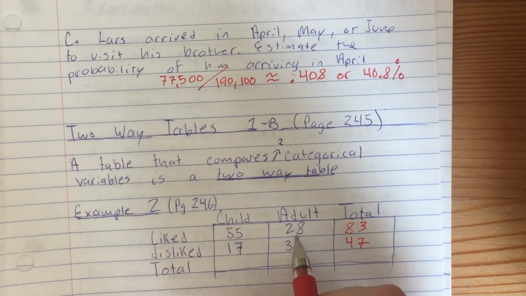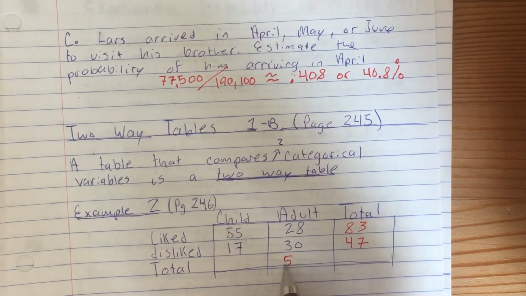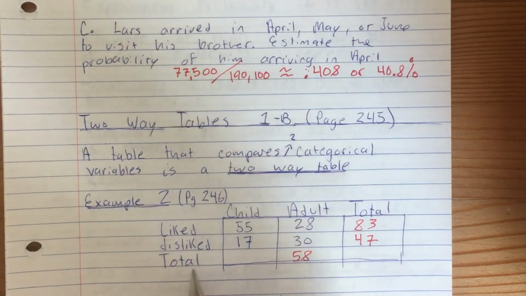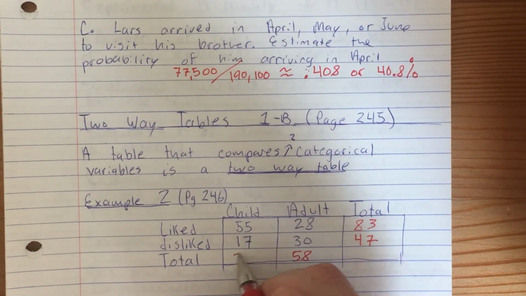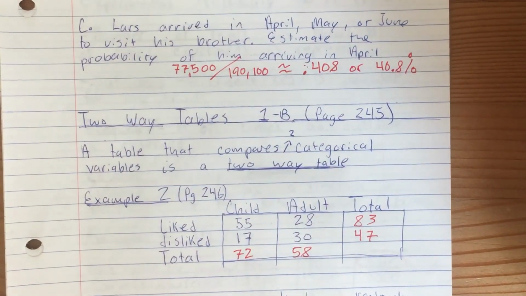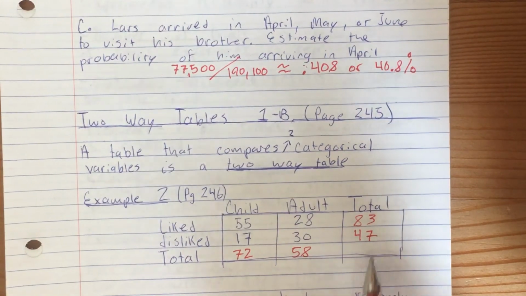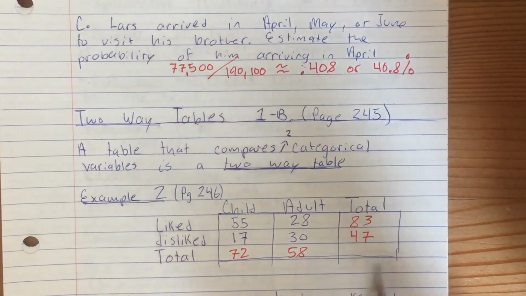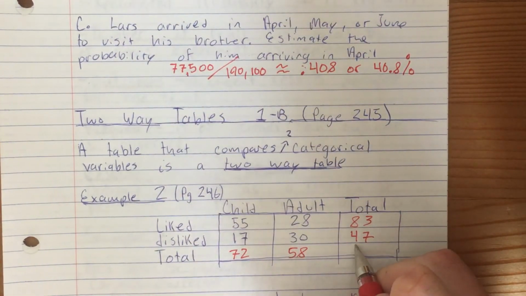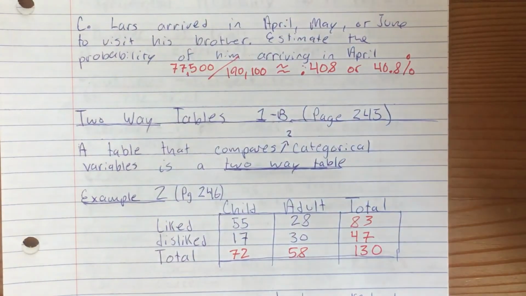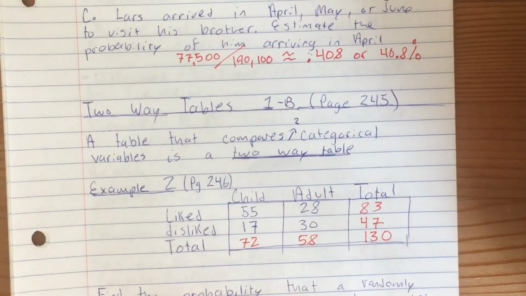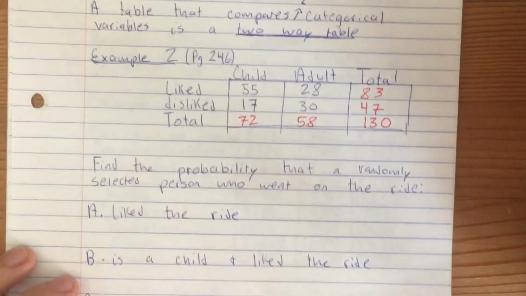Let's see here, 28 plus 30 is 58. And then 17 plus 55 is 72. And then if you combine these, you'll get the total amount of people in general, which I believe is 130 people.